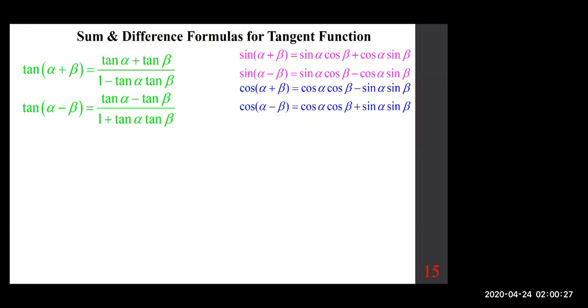We want to prove the green formulas. Tan of alpha plus beta is tan alpha plus tan beta over 1 minus tan alpha tan beta. And the other one, you switch the sign. So in order to prove that, we know tangent is sine over cosine. So we start with sine over cosine. That works for everybody so far?